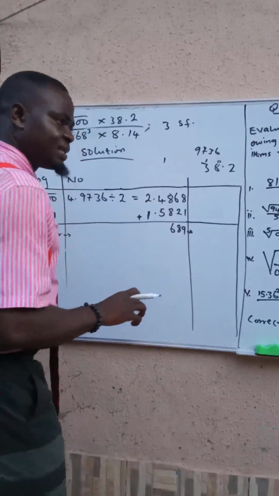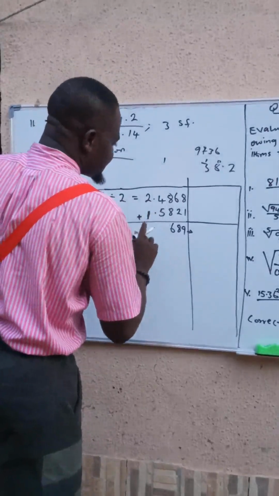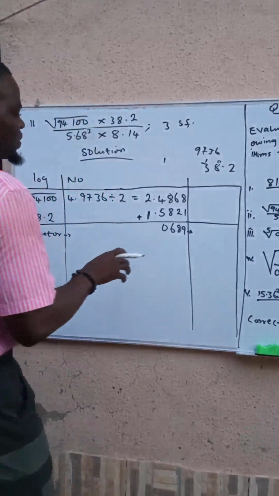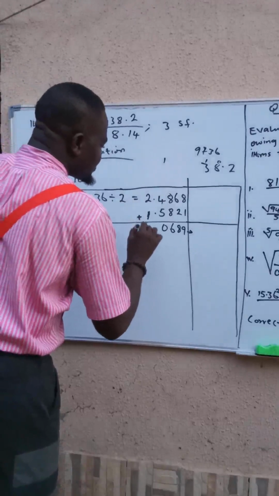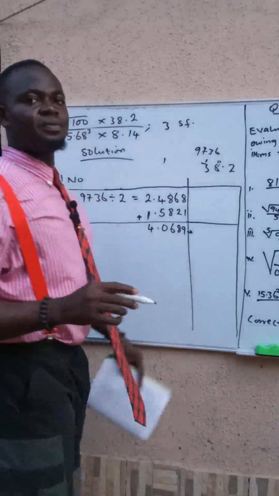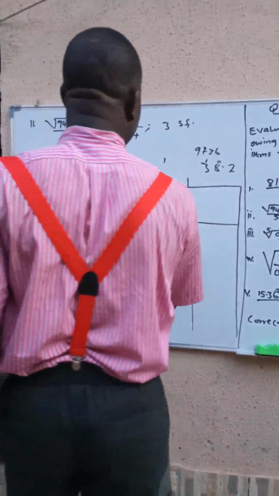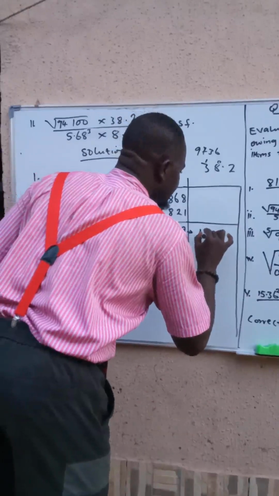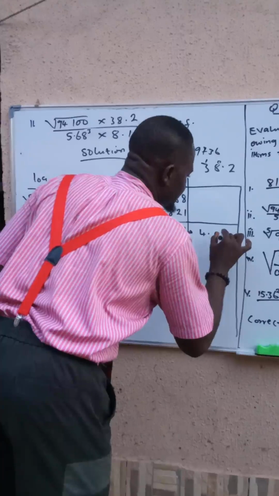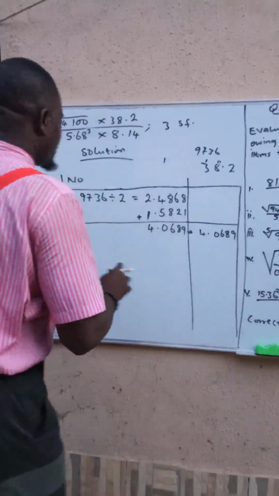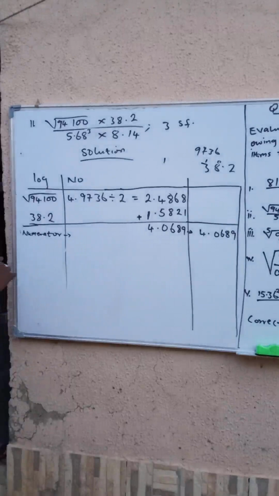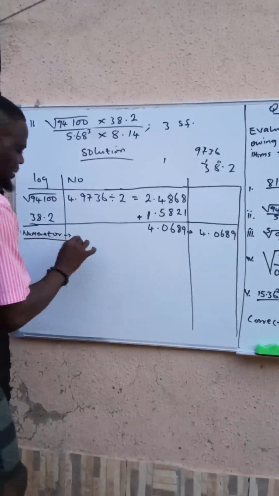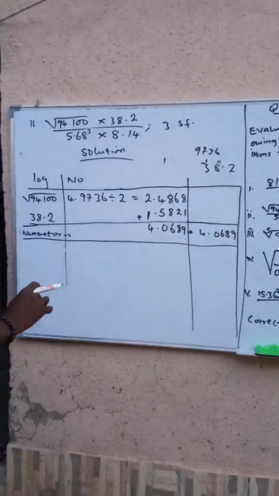Plus 1 is 10. We have 0. Carry 1. 2 plus 1 is 3. Plus 1 is 4. So since this is the final answer here, and is the numerator you are calculating, you bring it here. That is 4.0689. So that when you calculate the other one, you can bring it out. So this one we calculate so far is the numerator. Draw your line. This is the numerator.